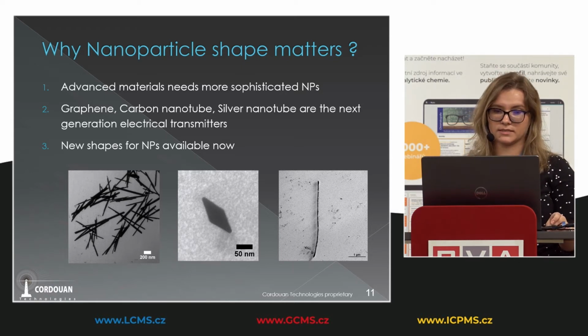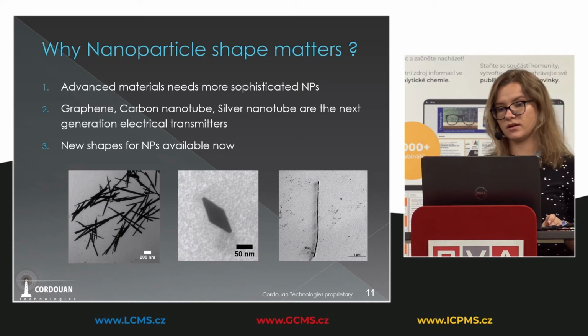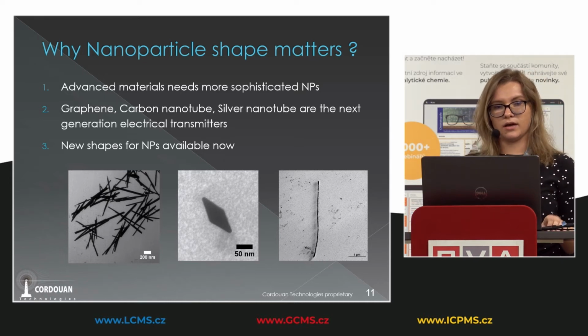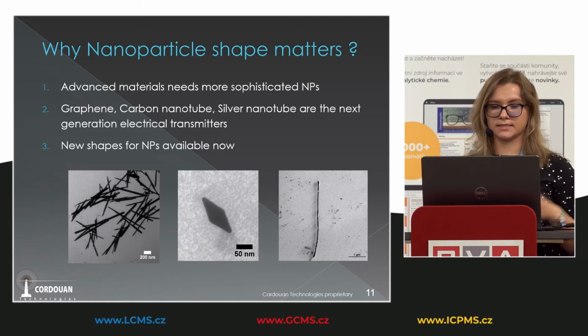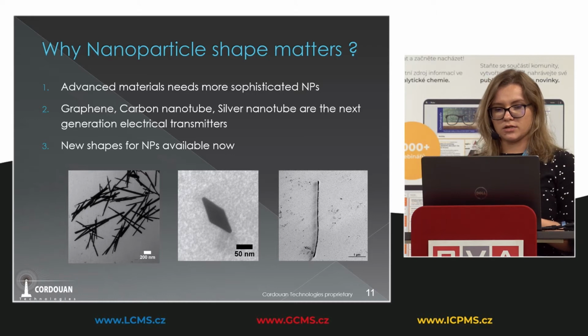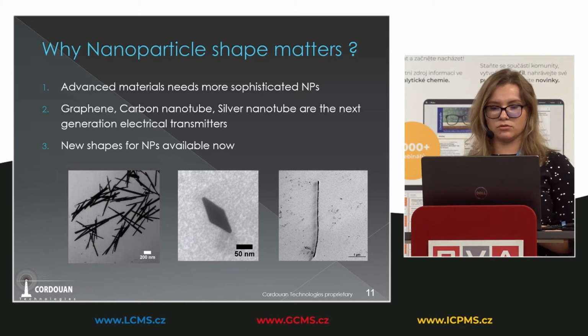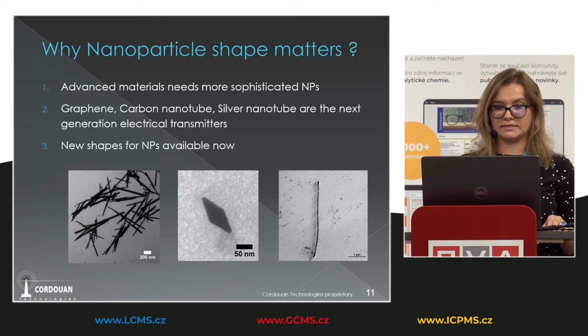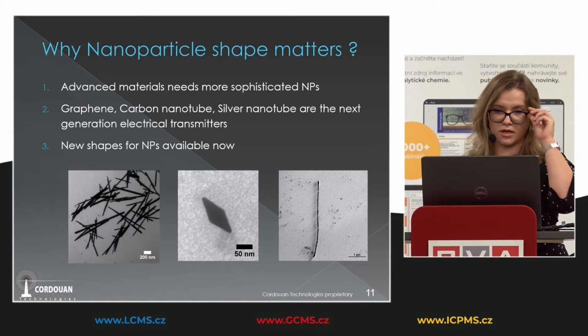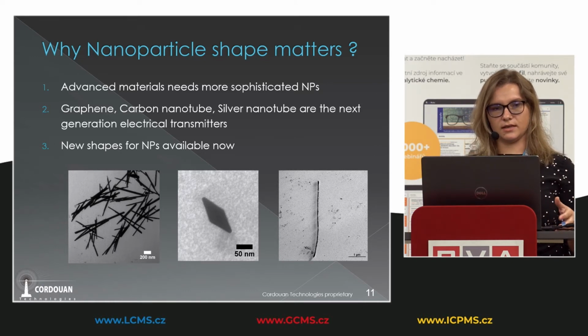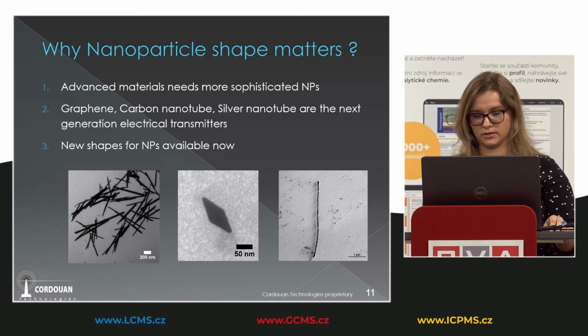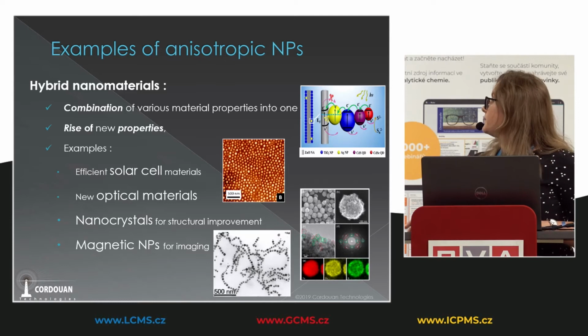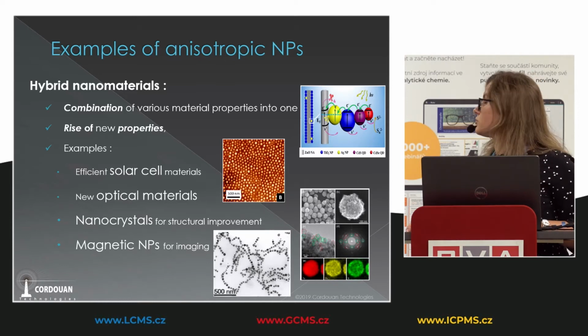For the past decade, non-spherical nanoparticles have become more and more used in science and in industry for the production of new materials, new batteries, new medicines, and they have different shapes and different aspect ratios. Knowing the size and the aspect ratio of these particles is also important, just as in the case of spherical particles. These are examples of the use of these anisotropic particles.